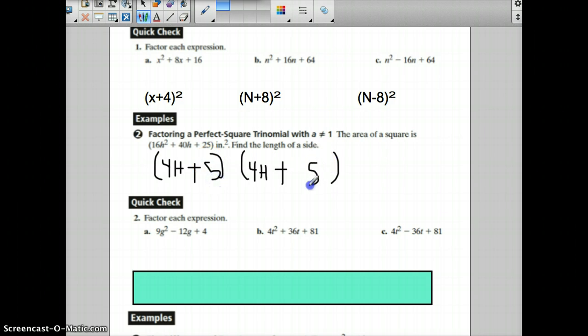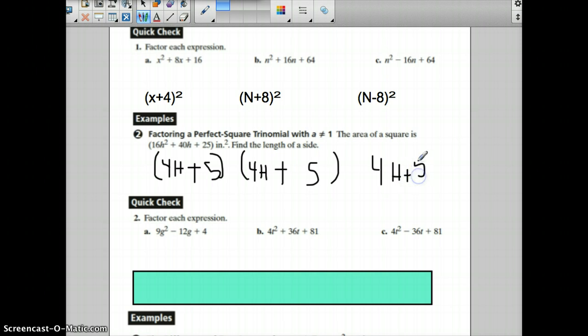Having written this out, I can check my outers and my inners. They both give me 20h, and 20 plus 20 is 40. So this is 4h plus 5 quantity squared.